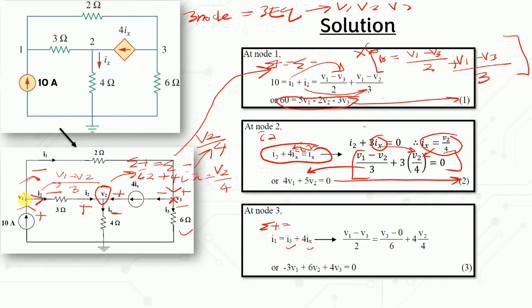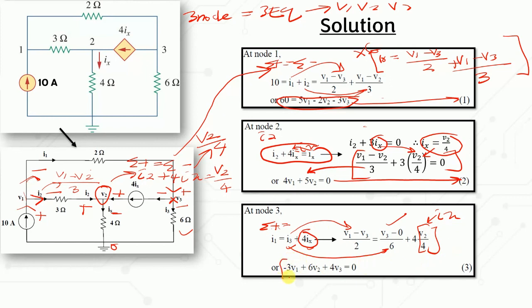I1 is V1 minus V3 over 2, and I3 is V3 minus 0, your reference node, over 6. Then you have 4Ix, and you know that Ix is equal to V2 over 4. Just substitute Ix here, and then you can simplify this equation.